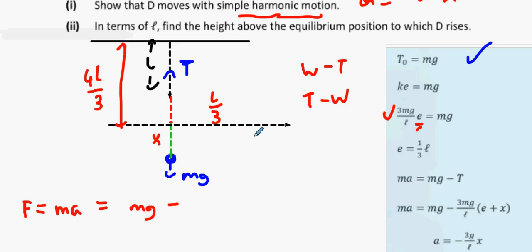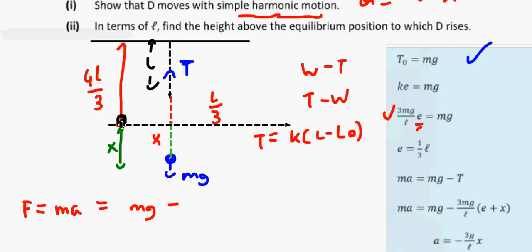And what did we say about tension earlier? It's k times L minus L0. Now, what's the current length of the rope? 4L over 3. So I'll use a black dot. 4L over 3 gets you from here to here.